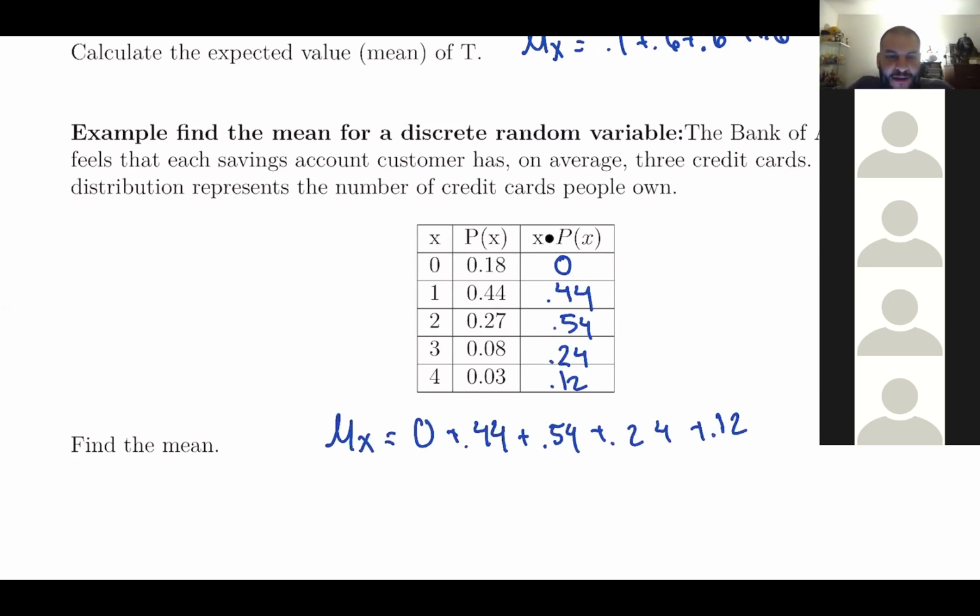If we add all of those numbers together, we get 1.34. So mu of x is equal to 1.34. This is telling me people on average have 1 or 2 credit cards, because 1.34 is between 1 and 2. Everybody good for that one?